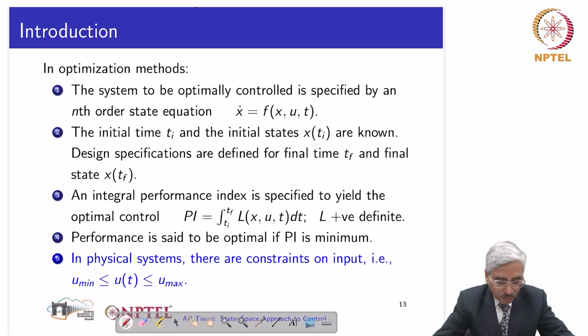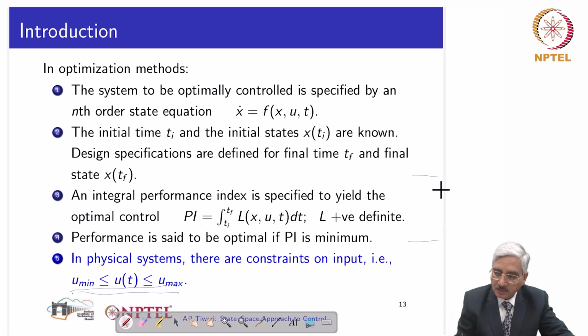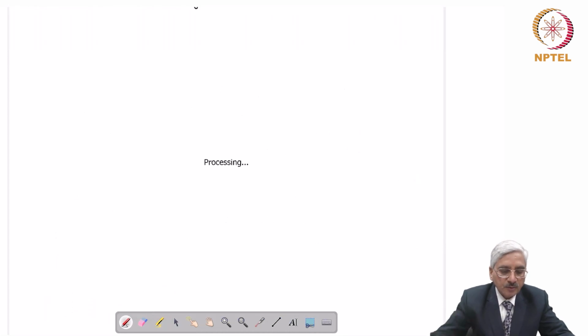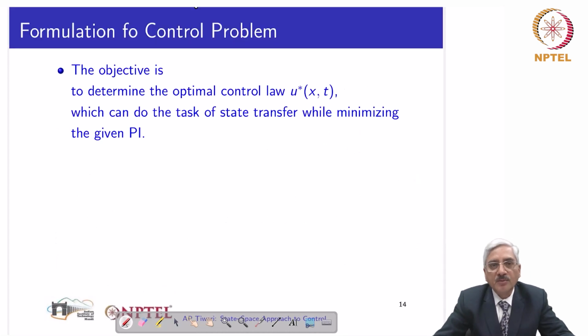So there are often two constraints. We are only presenting one of them here. The input is to be limited between u max and u min in physical systems. So there should be some way of accommodating these constraints.